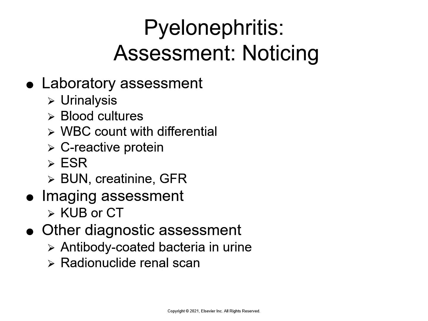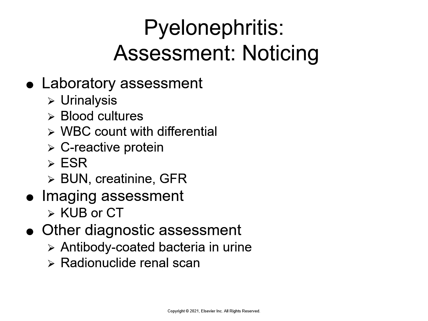Also, they may have a positive C-reactive protein, so you would check that. The erythrocyte sedimentation rate, and a BUN, creatinine, and GFR. Those are your primary renal lab work that you would want to notice: the BUN, creatinine, and GFR.